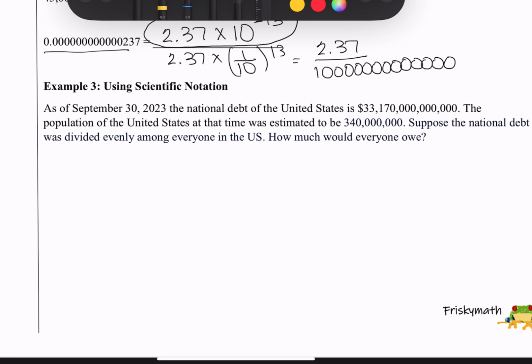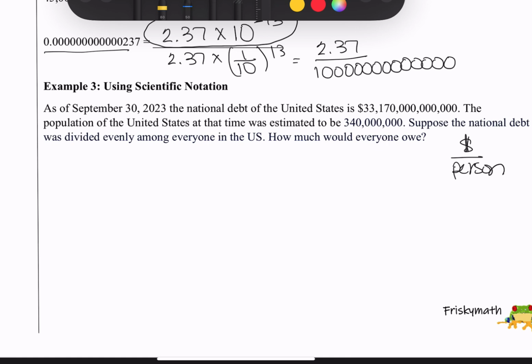And the population of the United States at that same time was estimated to be about 340 million people. Suppose the national debt is divided evenly among everyone in the U.S. How much would everyone owe? The question is, how many dollars per person are we each going to have to pay?